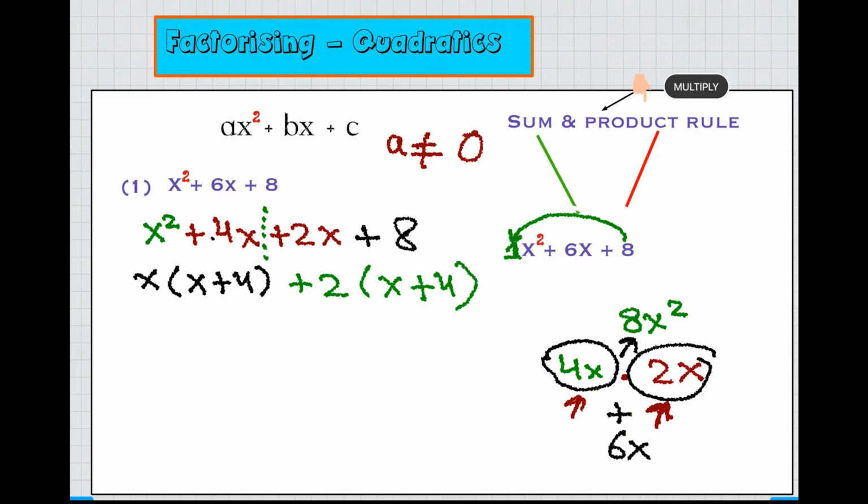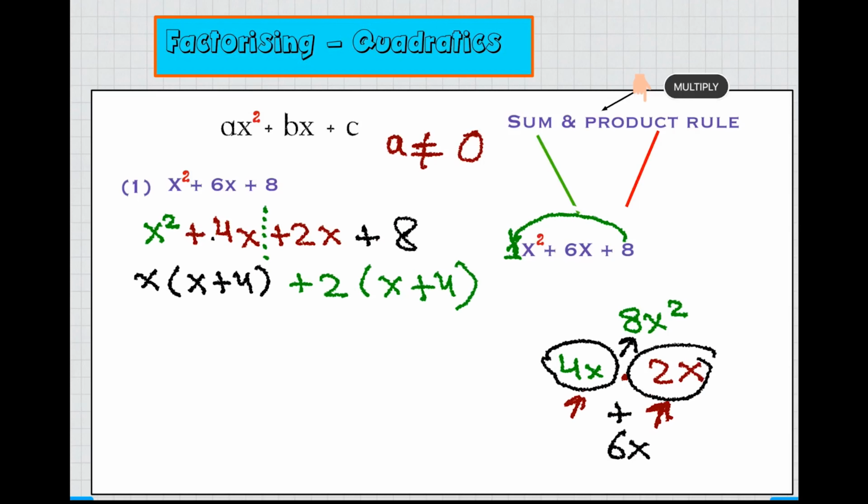Okay. Now one most important thing is, after doing this step, these two terms x plus 4 and x plus 4 should be same. If they are not same, it means you have made a mistake in any of your previous steps. So please make sure this is an indication you have done your factorization correctly.